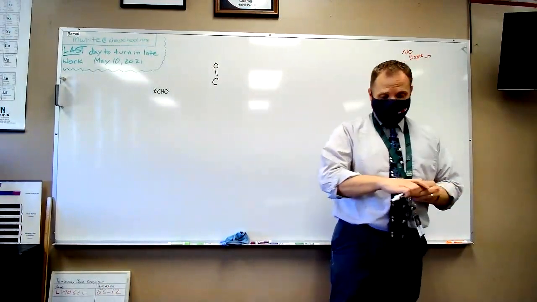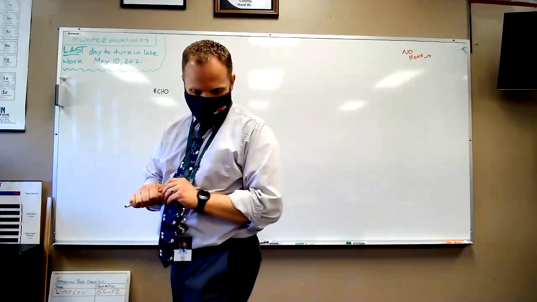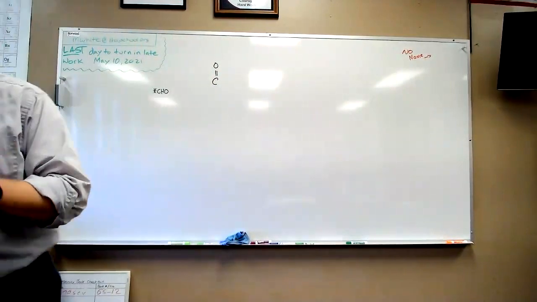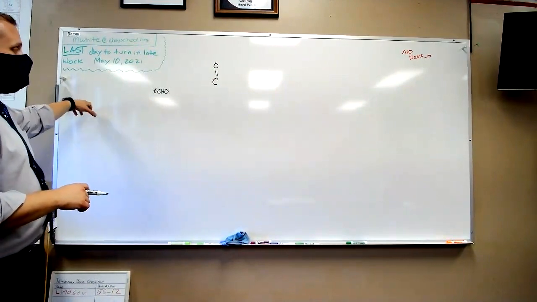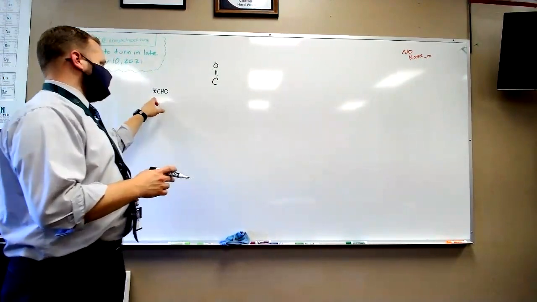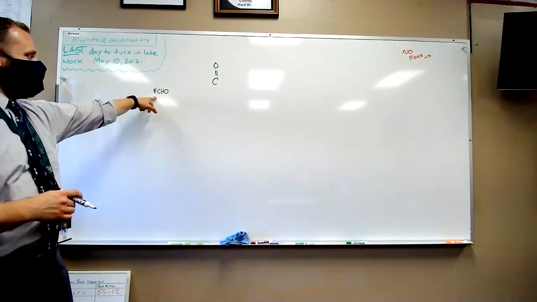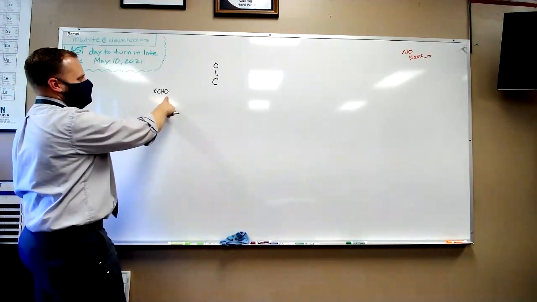What a star means, it could be the same as R. It could be that there's a carbon chain, or it could just be a hydrogen. So you can see CHO.